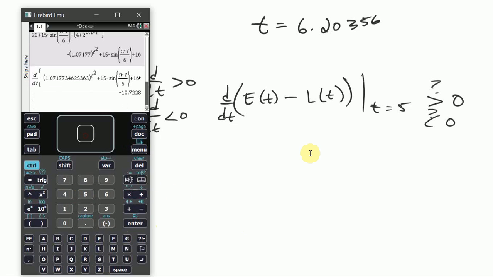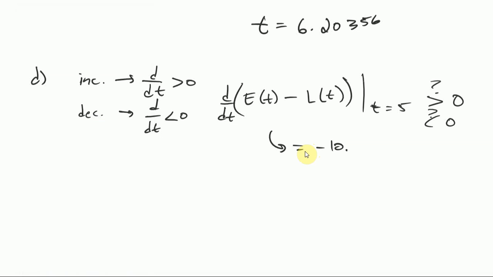And that happens to be negative 10.7225, whatever it was, which is definitely less than 0. Therefore, the rate is decreasing.